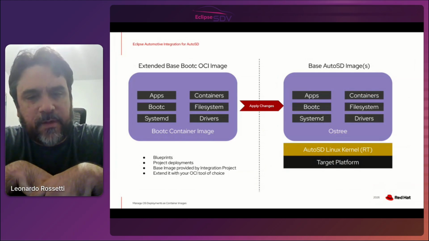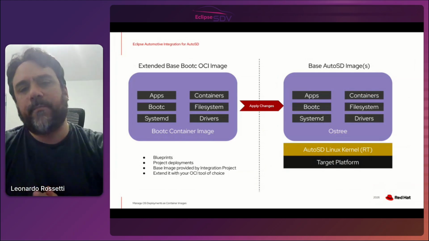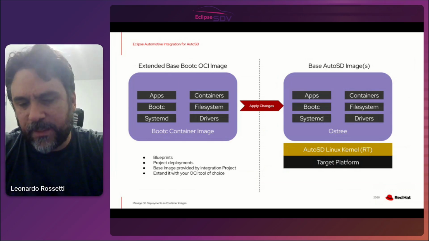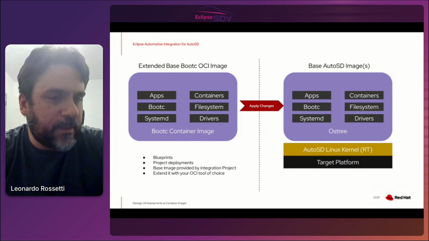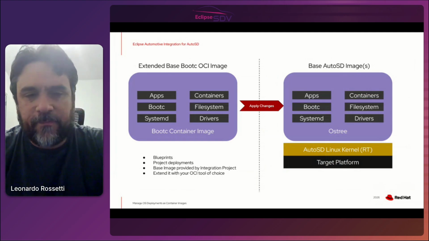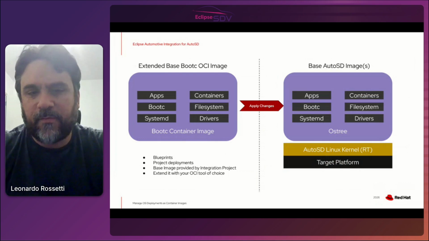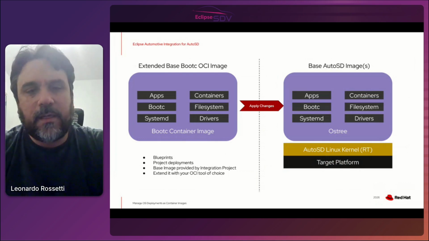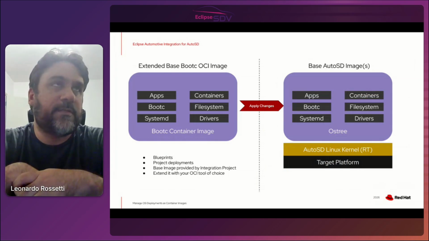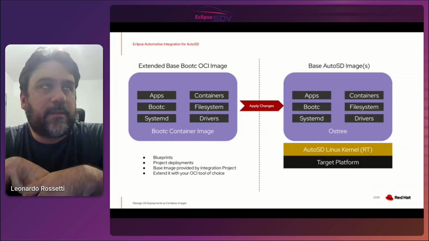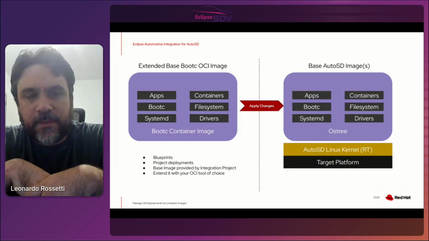How does that work at a very high level? Basically your file system is managed as a Merkle tree, so it's kind of like a Git tree, where the file system is immutable with the exception of a few directories. The idea here is that every change in the file system is as if you were adding a new commit to the tree.